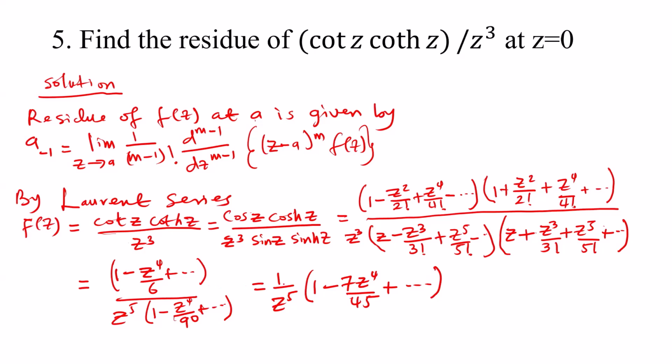So the residue is equal to the coefficient of 1 over z, and this will give us minus 7 over 45.